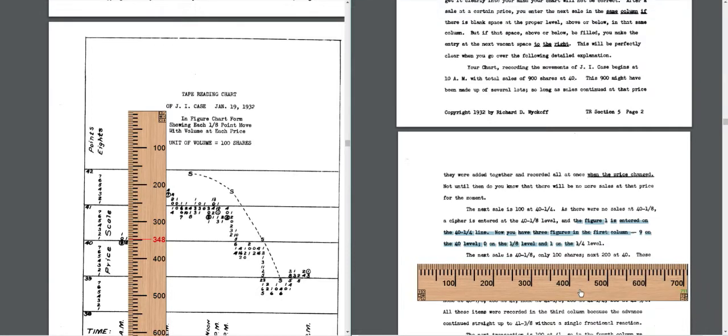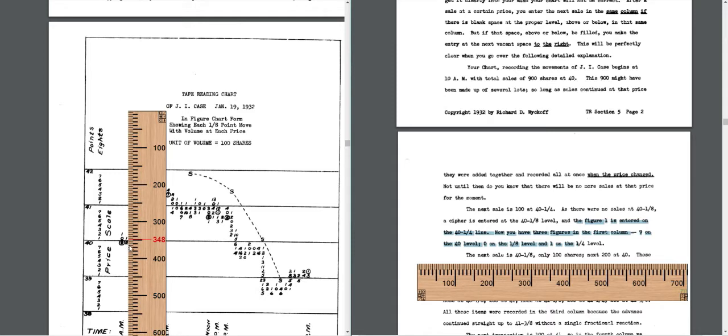The next is 200 at 40. So it went right back down and there's a 2. I know it's dark, you can't see it, but there's a 2 there. So all he's showing is how much traded at each level, going up and then down. So it started at 40 bucks, 900 traded, then 40 and 2/8, then 40 and 1/8, meaning it reversed down.